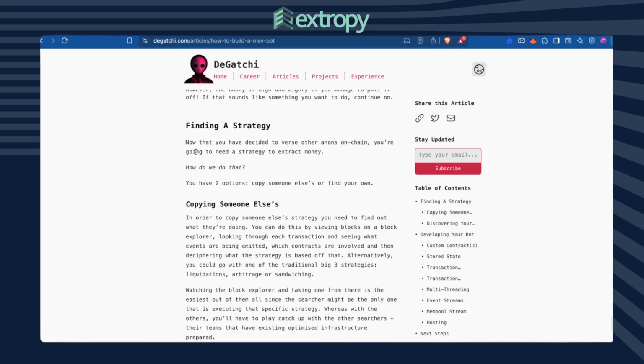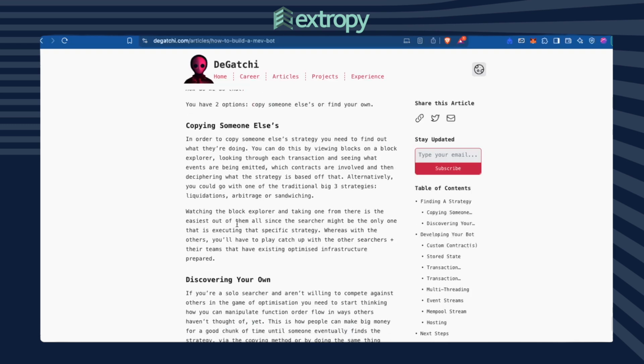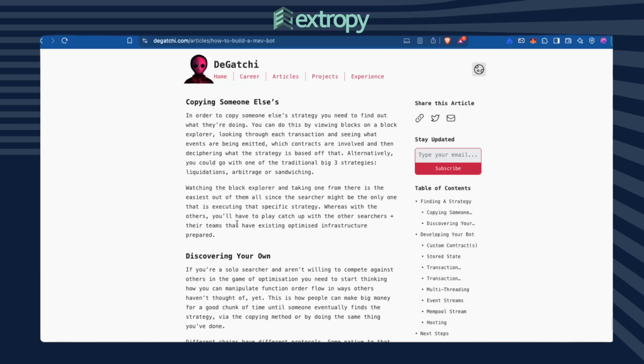So things that he says. First of all, the fairly obvious idea maybe, but if you're going to start doing this, then you'll need some kind of strategy involved. And how do you do that? Well, you could copy somebody else's, so you can work out what other people are doing. And again, this is part of the reason we might want to obfuscate the things that we are doing.